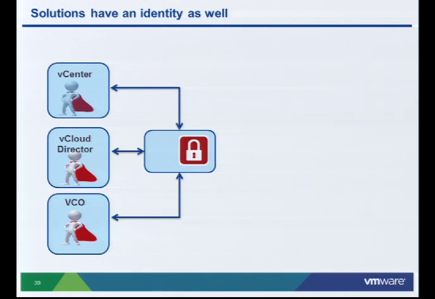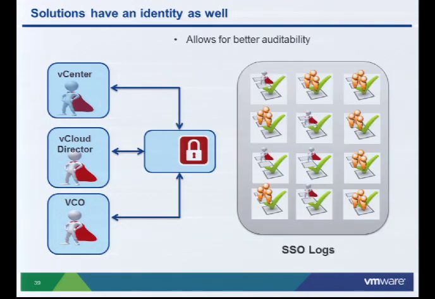So humans have identities, that's your administrators, and each solution in our world also has identities. And all of these identities are authenticated, and the sessions are managed by this SSO service. And one advantage of that is that you get to know who is doing what on behalf of whom. Let's say vC orchestrator goes to vCenter to orchestrate certain tasks. vC orchestrator is going to talk to vCenter as vC orchestrator, the solution identity.